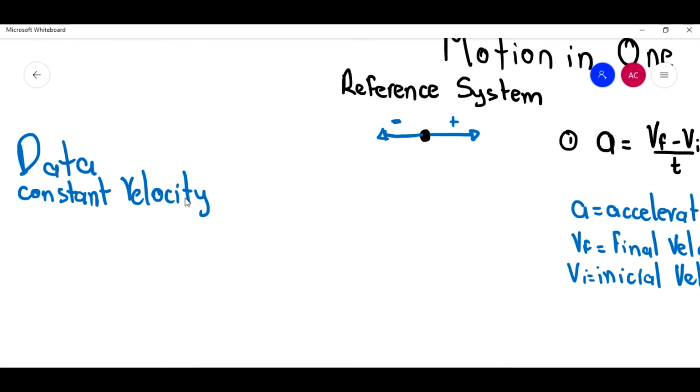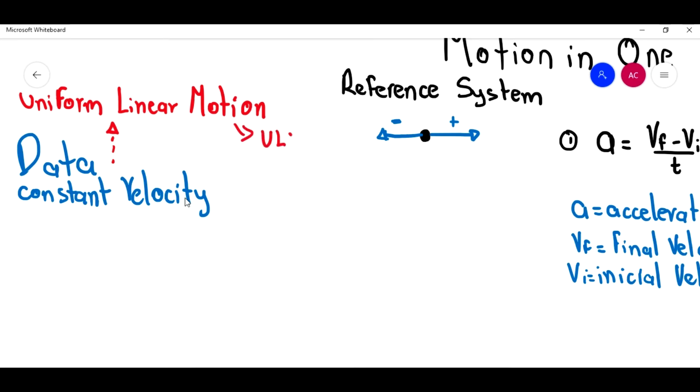And this is a motion that is called uniform linear motion. Okay, if you've got constant velocity, we've got uniform linear motion, known as ULM.